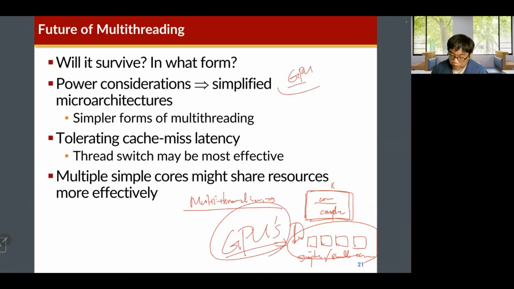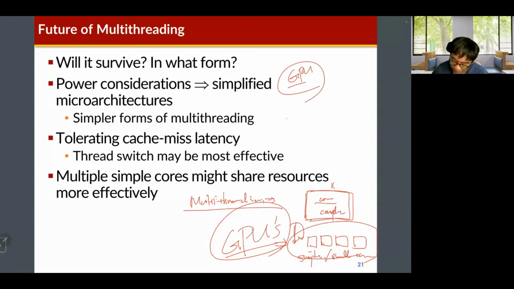GPU supports massive parallel processing, which means that if you see the specification of the NVIDIA GPU, you can find that an NVIDIA GPU includes hundreds of cores, like 900 cores or even 10,000 cores.